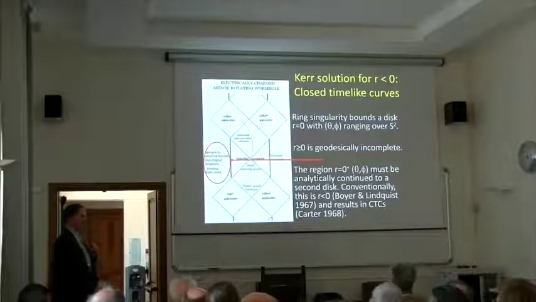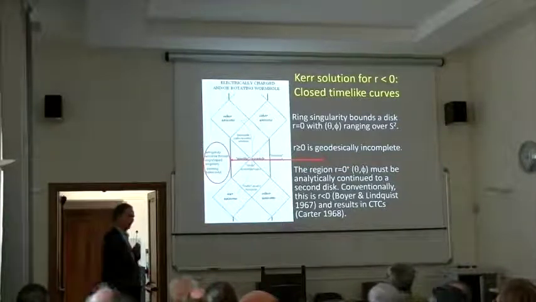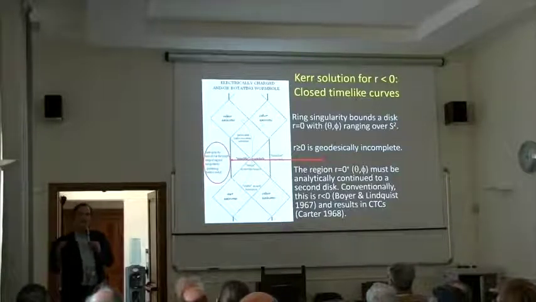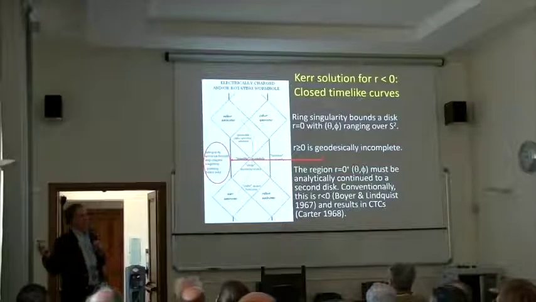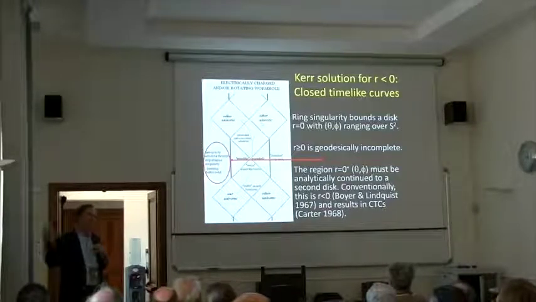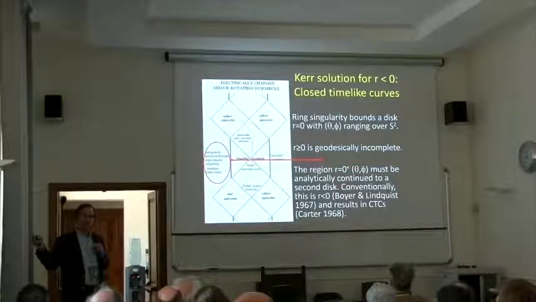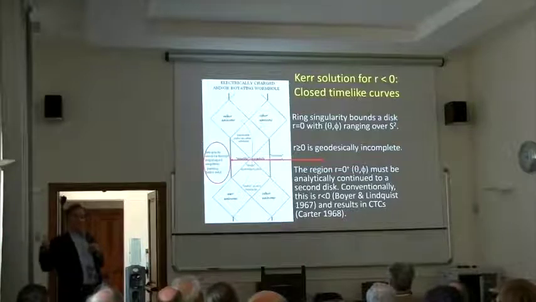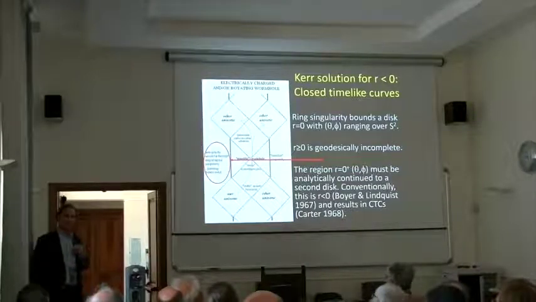And then passing through that disk in the Boyer and Lindquist extension of the coordinate system leads you to r less than 0. If you think about something like the Schwarzschild solution with r less than 0, remember at large distances you have a weak field limit in which there's a gravitational potential minus GM over r. Well, that's now changed sign, so it becomes a repulsive force.